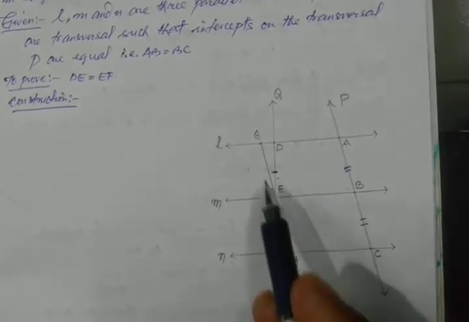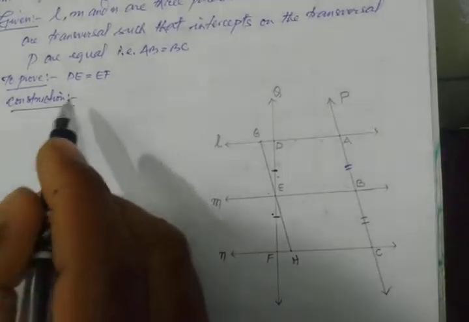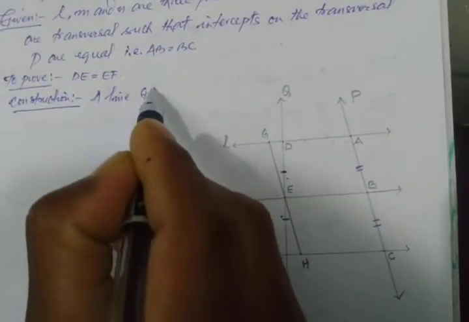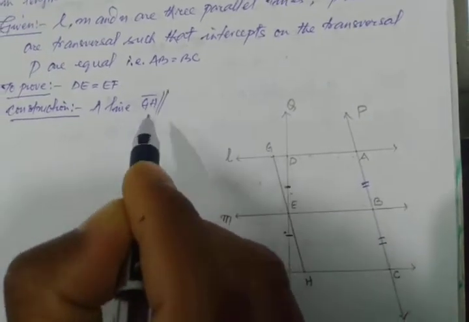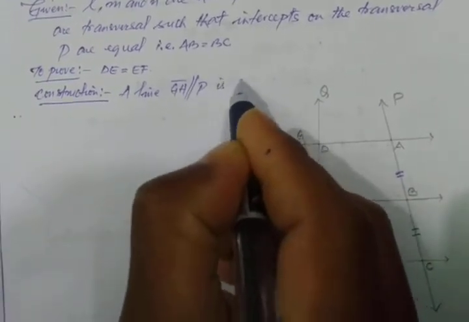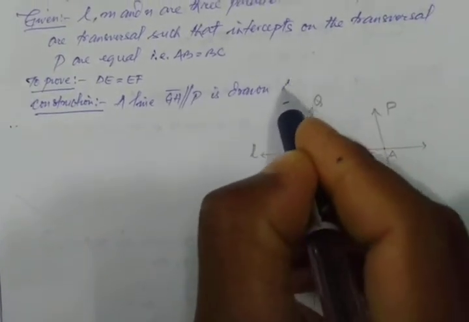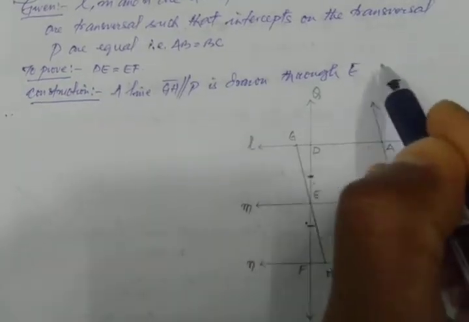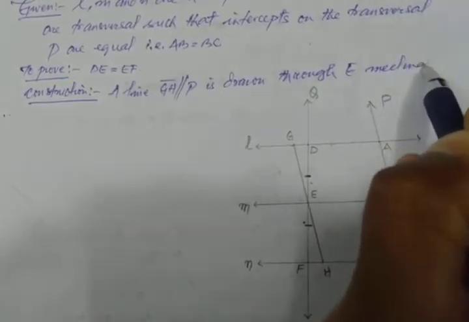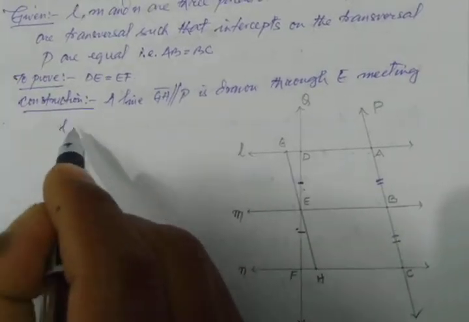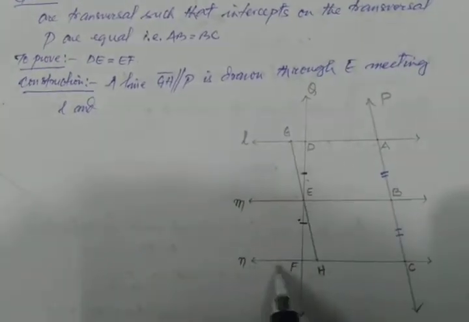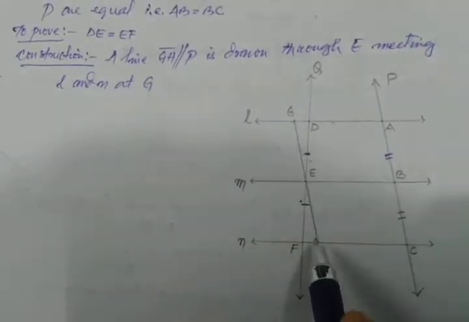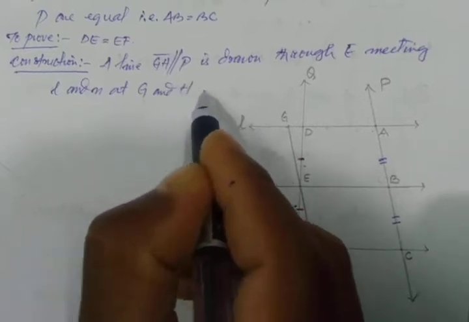Let us remember that GH is parallel to transversal P. So let's say a line GH parallel to P is drawn through E, meeting L and N at G and H respectively.